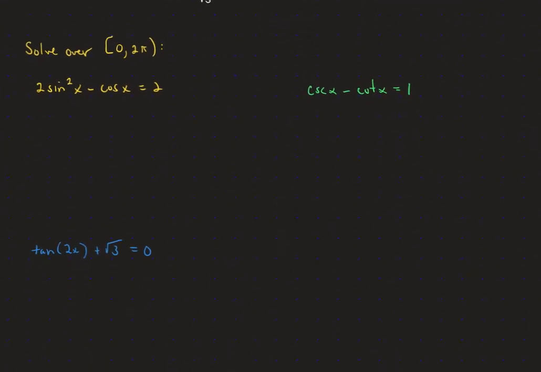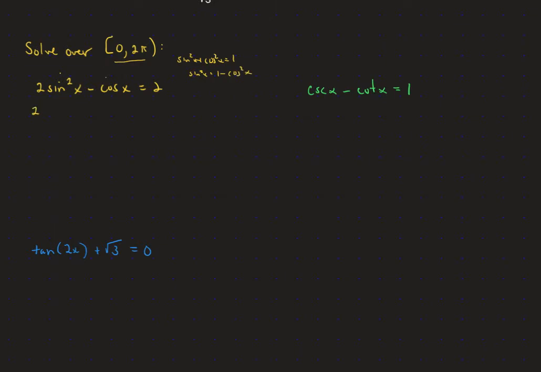Okay, now we're going to change our domain to just 0 to 2 pi. We see that we have two different trig functions, which is not generally very good, but since the sine is squared, we know from our favorite trig identity, sine squared plus cosine squared is equal to 1, that sine squared is equal to 1 minus cosine squared.